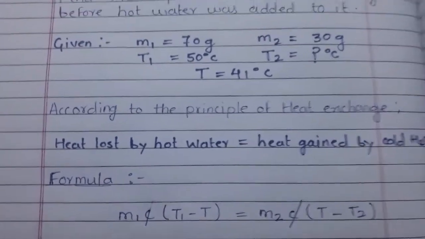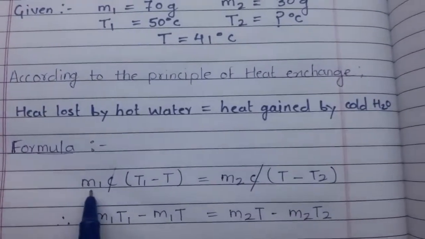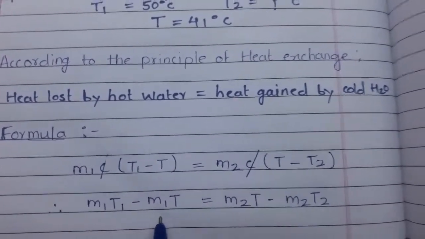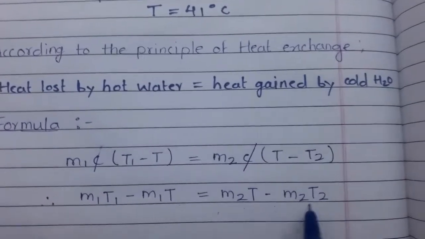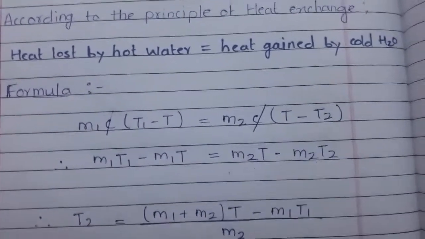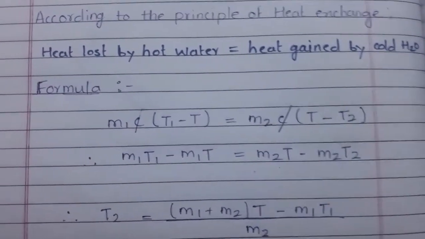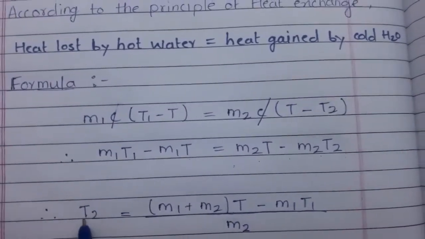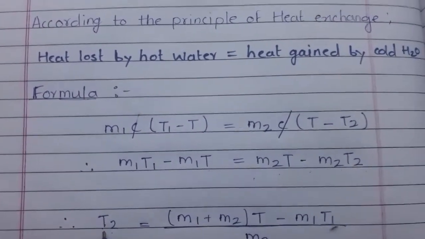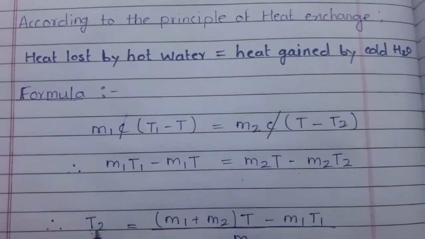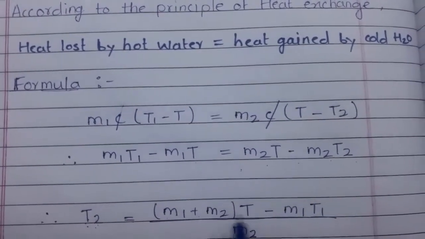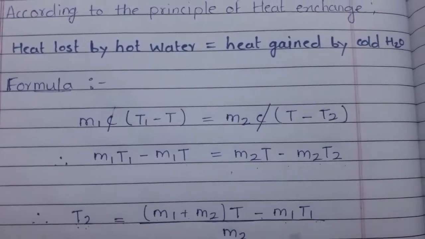After multiplying m1 inside the bracket, we get m1t1 minus m1t equals m2t minus m2t2. Once we rearrange the formula as per our requirement, whatever we need to find out, here t2, we get t2 equals ((m1 plus m2) into t minus m1t1) by m2.